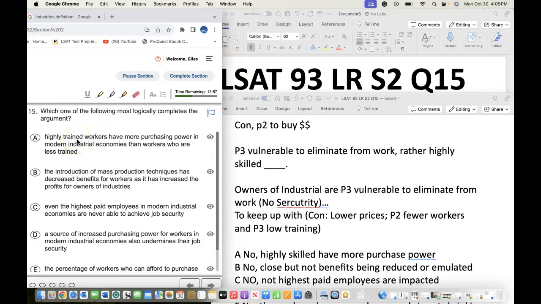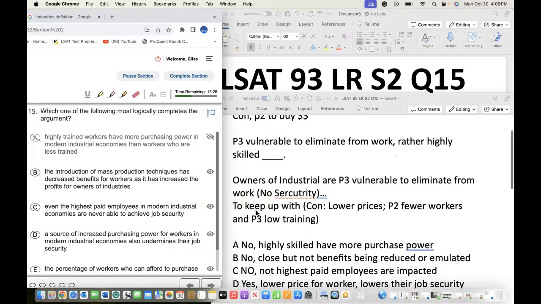A. Highly trained workers have more purchasing power in modern industrial economies than workers who are less trained. No. Highly skilled workers do not have more purchasing power, so we're going to go ahead and get rid of that. B. The introduction of mass production techniques has decreased benefits for workers, as it has increased the profit for owners of industries.